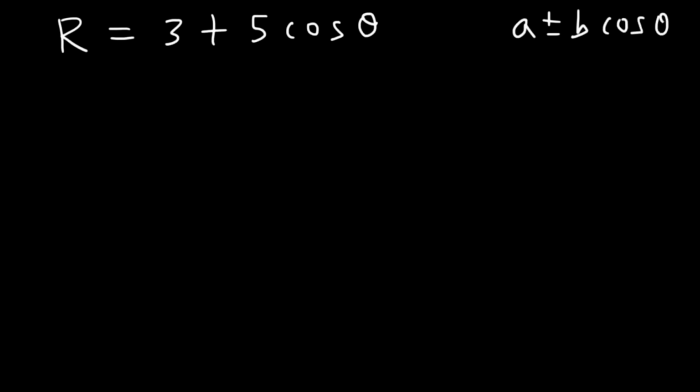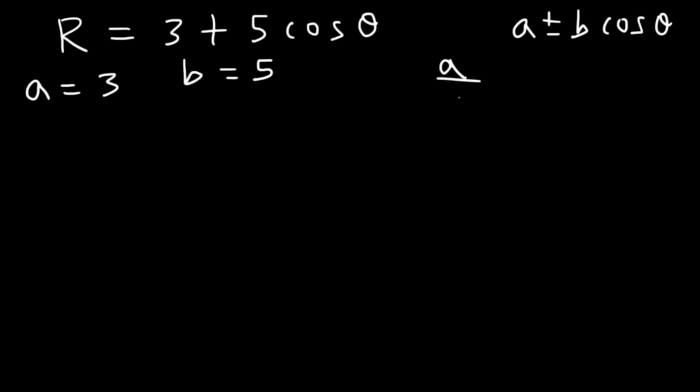Let's graph this equation. Let's say r is equal to 3 plus 5 cosine theta. What do you think we need to do here? We know this is a type of limacon. It's in the form a plus or minus b cosine theta. So first, we need to identify a and b. a is equal to 3, and b is equal to 5.